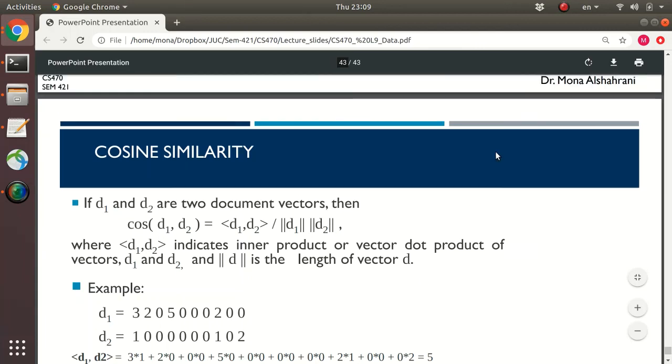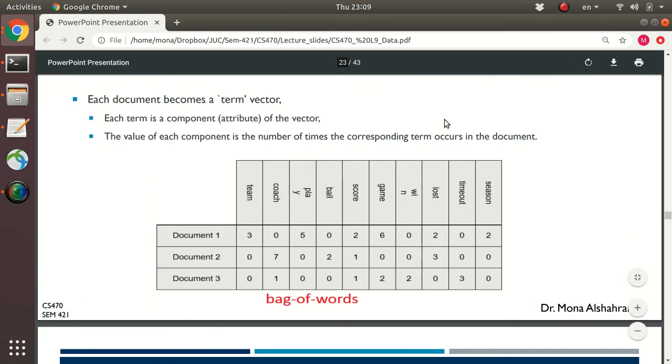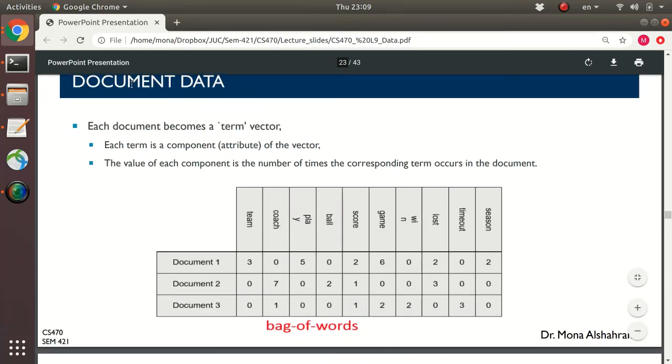So you may refer to the slide. The cosine similarity can be used to measure the similarity between document 1 and document 2 by taking the cosine similarity between these two term vectors or feature vectors.